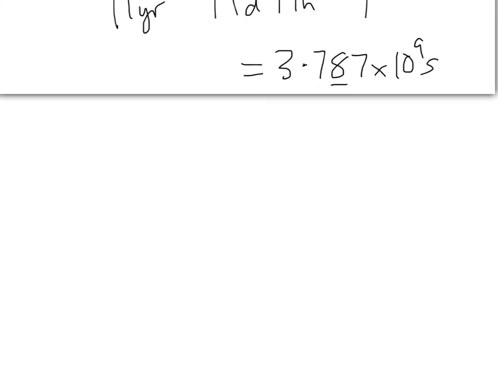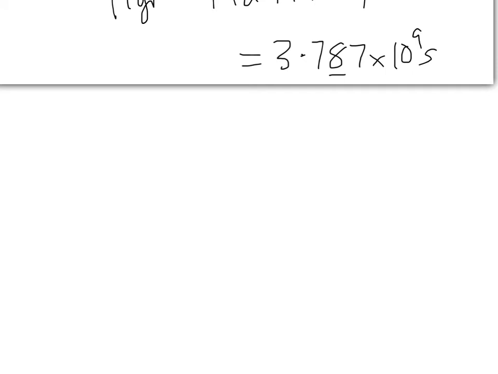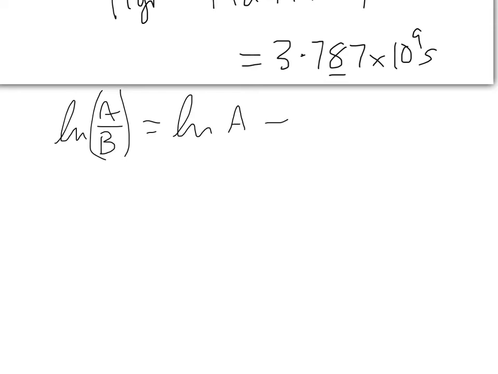There are lots of ways you can do this kind of problem. One thing you can do is use the property of logarithms we saw earlier. That is, whenever you've got the log of one thing over another, that's the log of the first thing minus the log of the second thing.